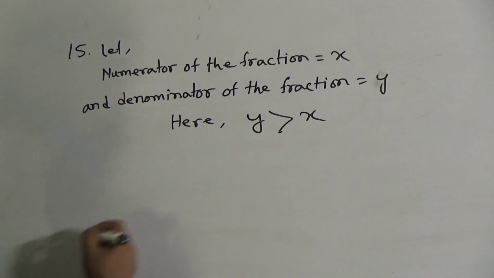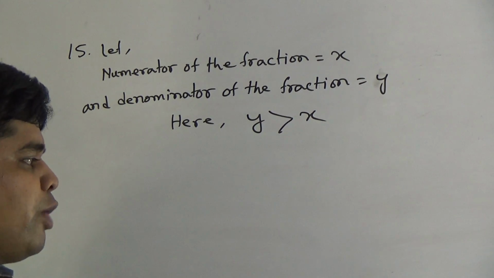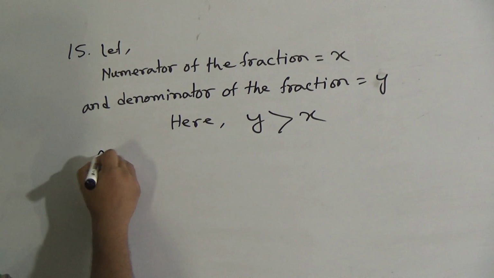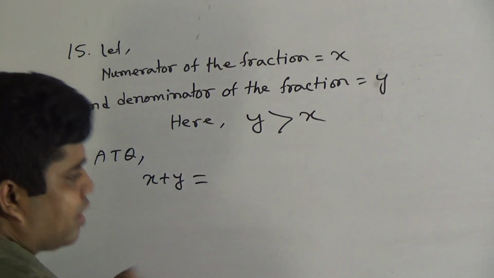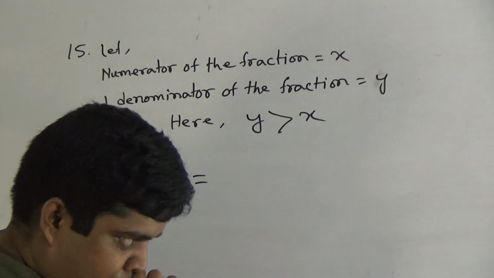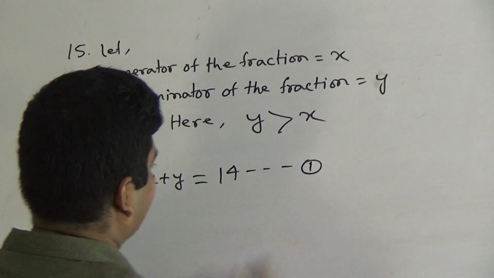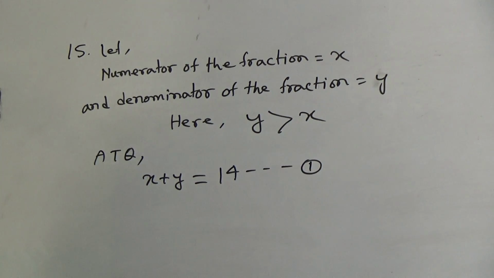So now according to the condition, sum of numerator and denominator is 14. So according to the condition, x plus y equal to what? x plus y equal to 14. This is equation number 1. On the other hand, difference of numerator and denominator is 8.